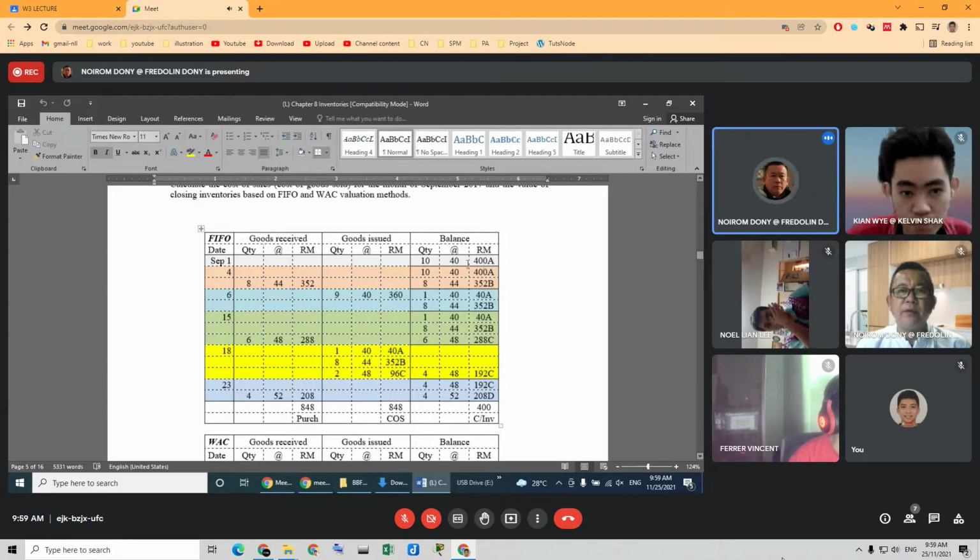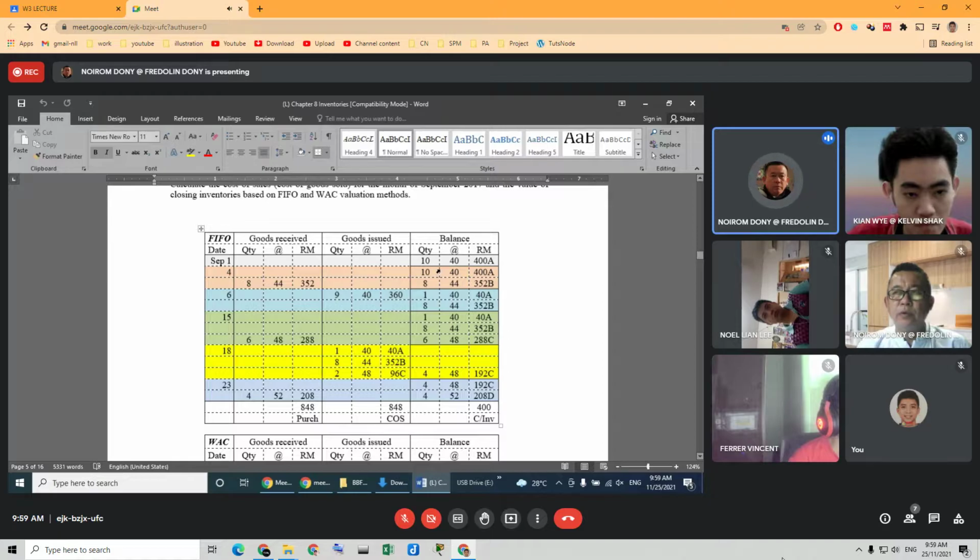Rewrite the balance meaning you refer from September the 1st, you have 10, so write back 10. You have 40 ringgit per unit, write back 40. And then 400, you write back 400. So on the 4th of September, you have occupied the first row, isn't it?